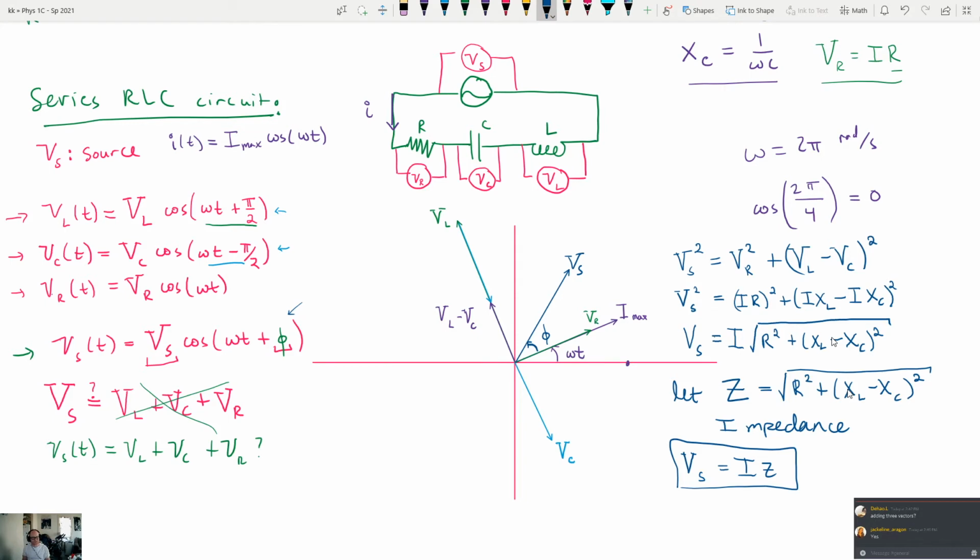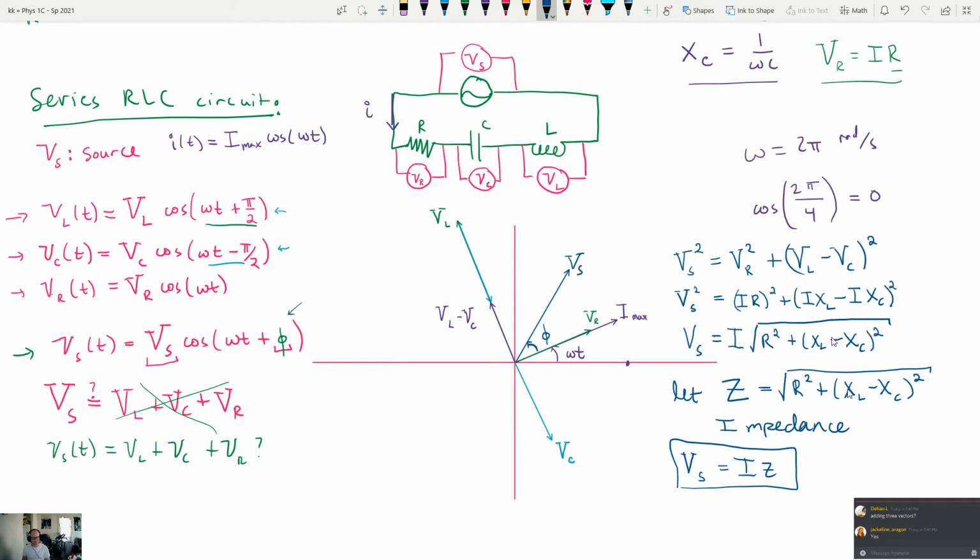You can almost think of it as resistance if you want to. It has other properties that resistance doesn't have, but it's basically like resistance for an AC circuit. Does anyone have any questions about that? Nope. Okay.